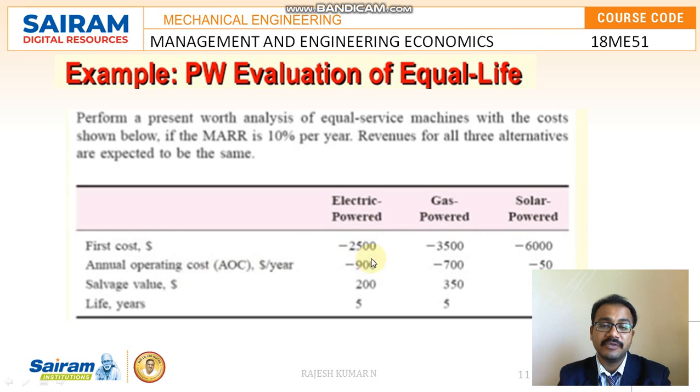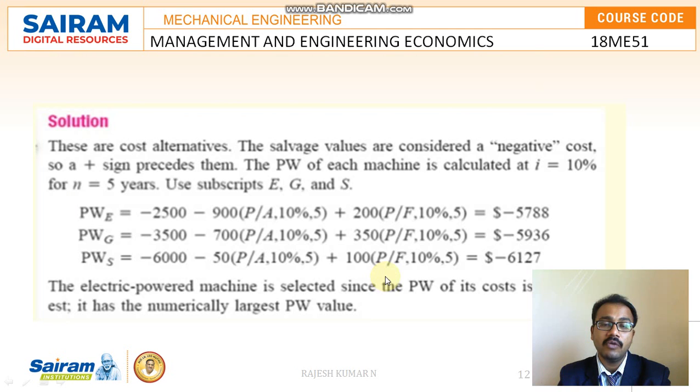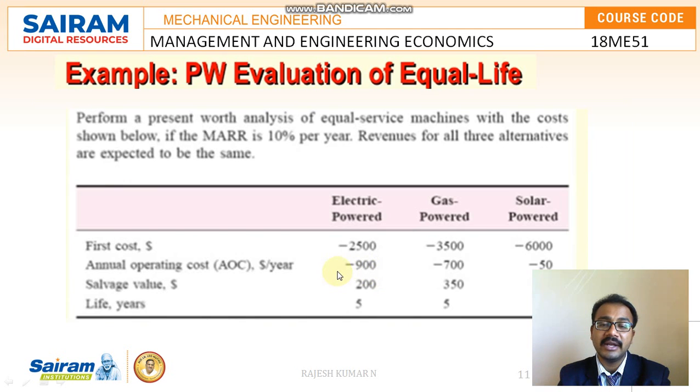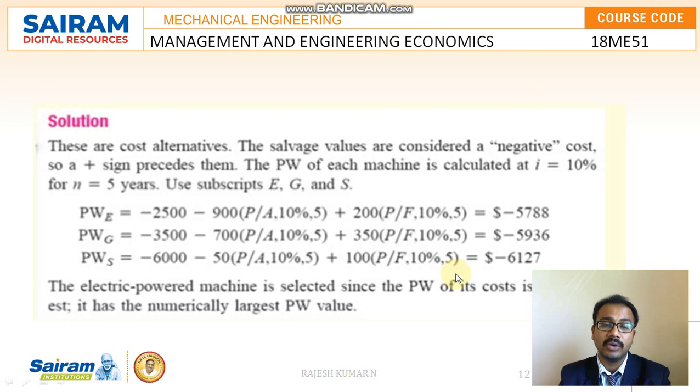The operating costs for the electric, gas and solar are 900, 750, and the salvage values are 200, 350 and 100 for electric, gas and solar powered machines respectively. The number of years of service life is 5 years for all three cases. So now we need to find the solution, and find out which one has the better present value.